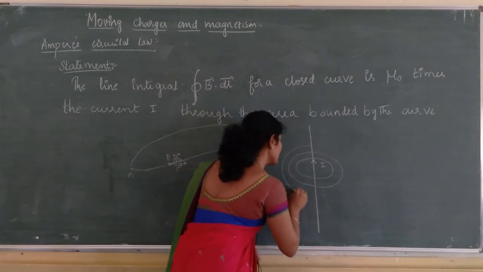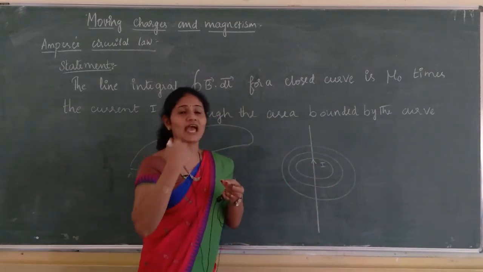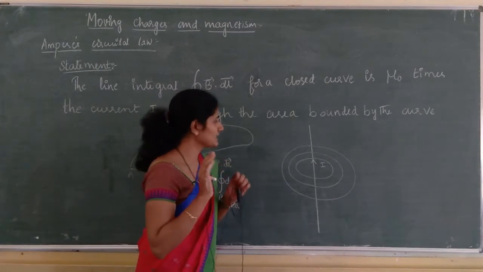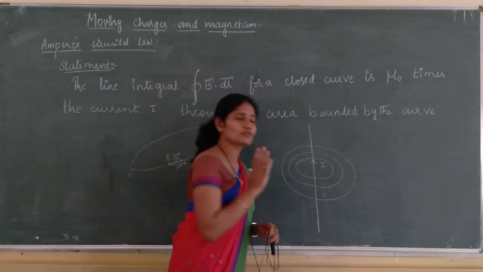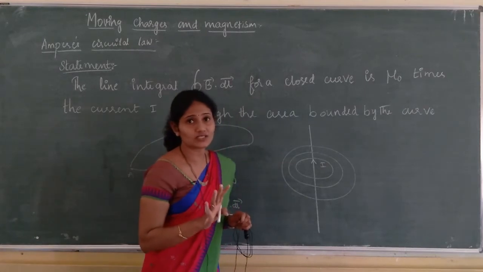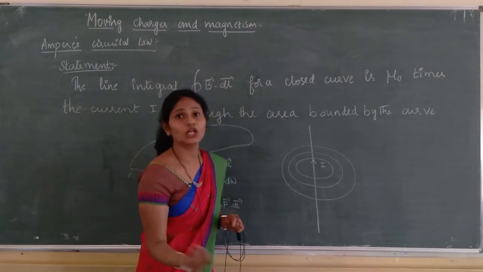We get circular magnetic field lines, because magnetic field lines are always closed, or they form closed loops.